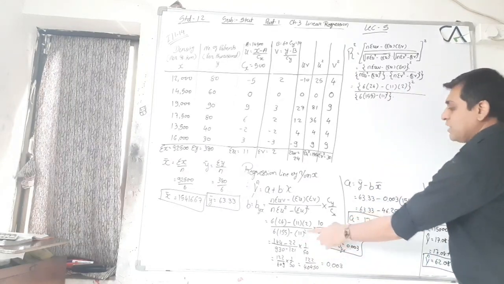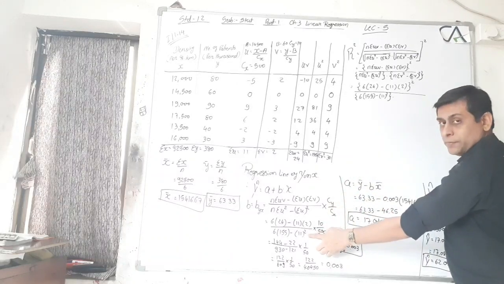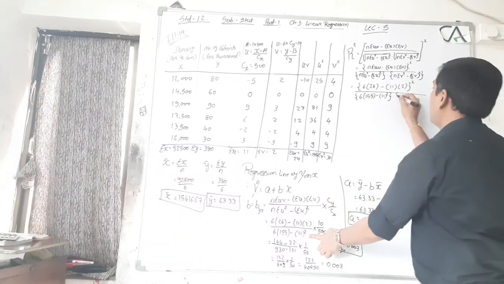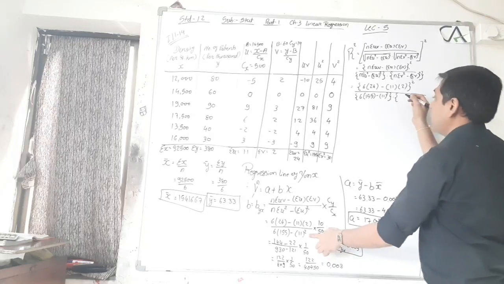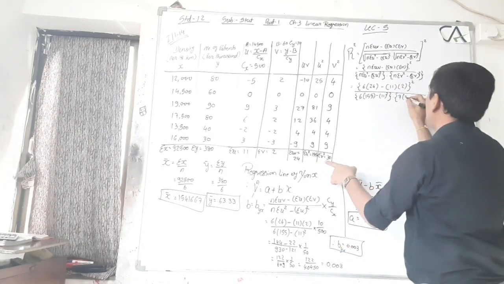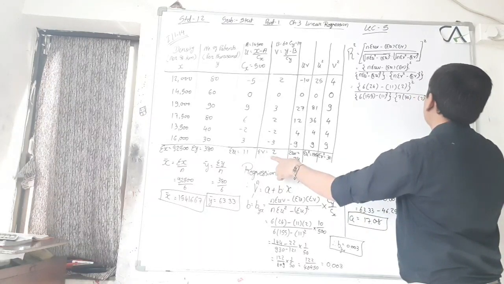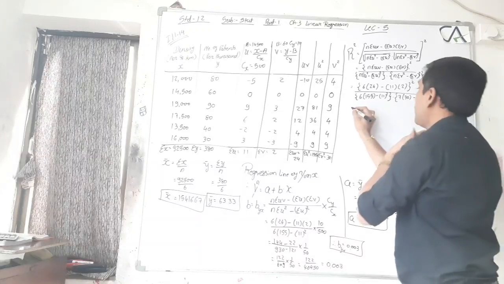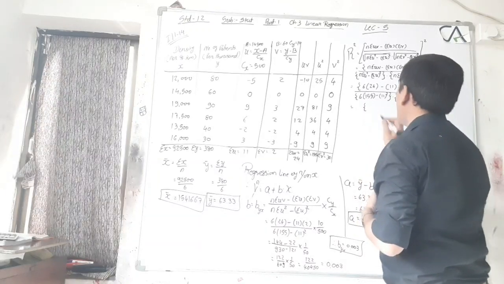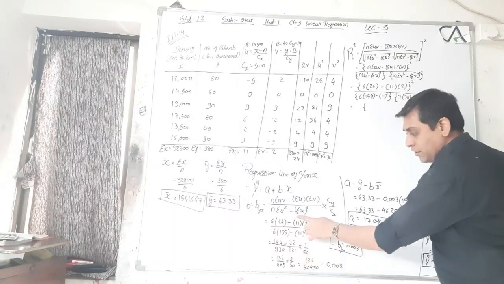Up to this it is common, so we can write just from here. And the extra thing is here: 7 into sigma v square, that is 30, minus sigma v, that is 2 square. So here don't calculate, just put the value from here. What is the last answer?